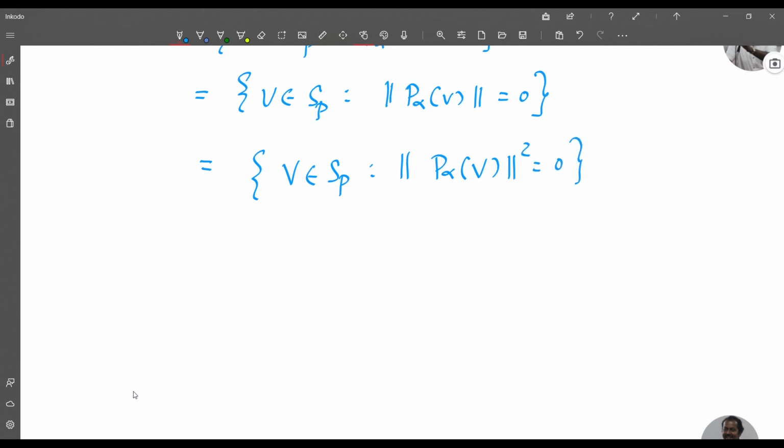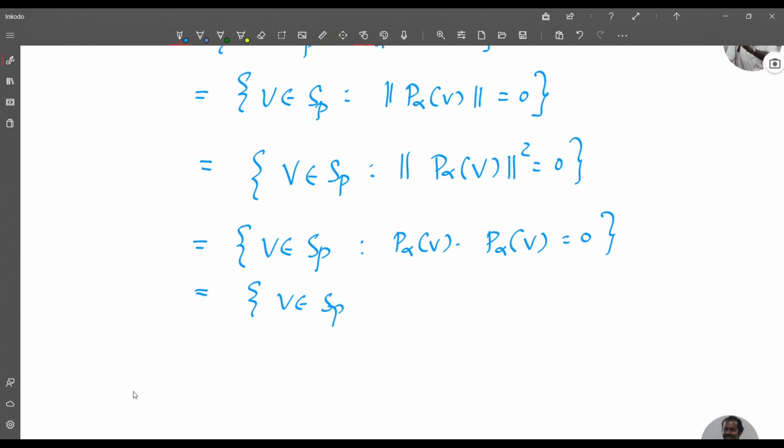So this is the set of all v in SP such that P alpha of v dot P alpha of v equals 0, that is, v dot v equals 0. So this is the set of all v belonging to SP such that norm v square is 0.